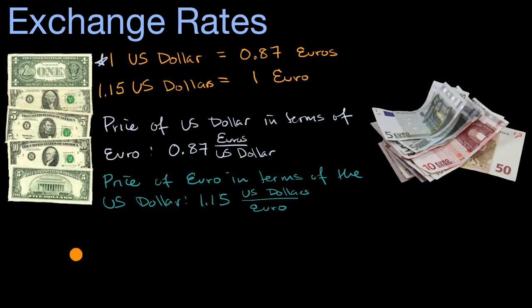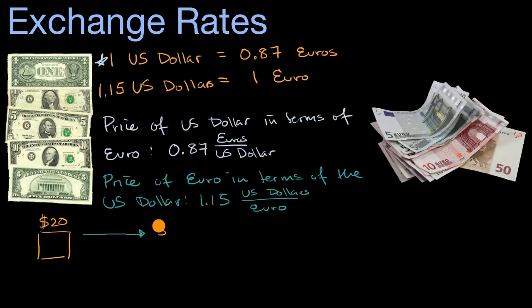Now, with all of this out of the way, let's actually do some calculations. Let's say that there is something in the United States that costs 20 US dollars. Let's say this was made by someone in Europe, so when they sell it for 20 US dollars, they convert it back to euro. How much euro would they get when they convert this $20? Pause this video and see if you can figure that out. Well, if 1 US dollar is equal to 0.87 euros, then 20 US dollars is going to be 20 times as many euros.